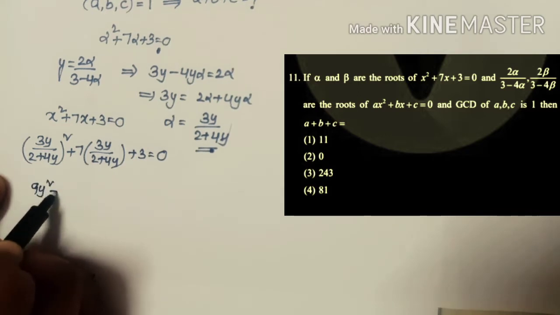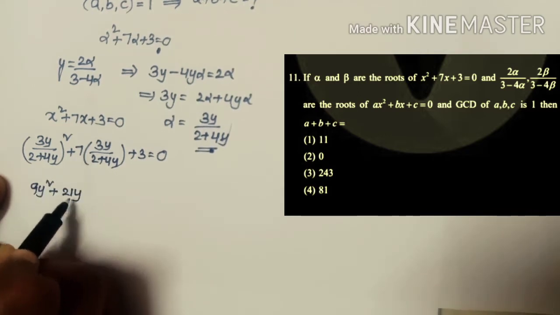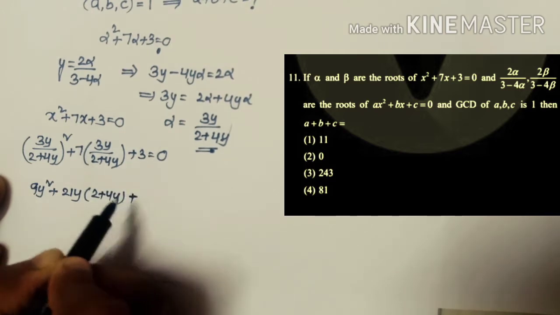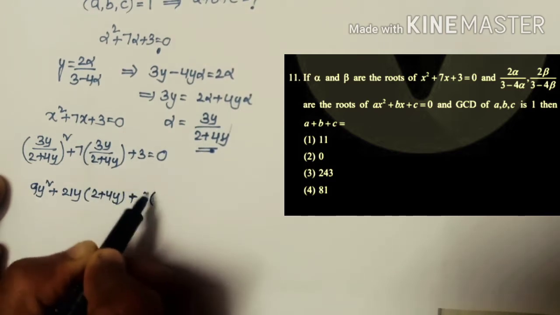This is 9y square plus 21y into (2 plus 4y) plus 3 into (2 plus 4y) whole square.